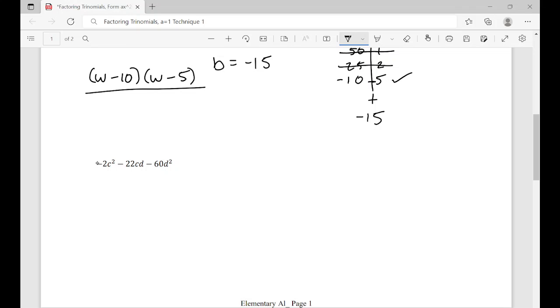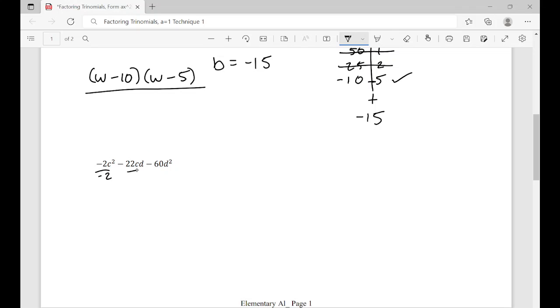Next for this one, I have negative 2c squared minus 22cd minus 60d squared. So I got a lot of things going on here. Biggest one is I have a GCF of 2. And everything's negative, so I want to make my life a little bit easier. I'm going to factor out a negative 2 out of everything.